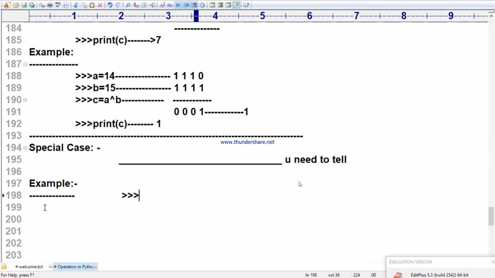Let us come to this once again. A is equal to 4. B is equal to 3. Carefully observe.